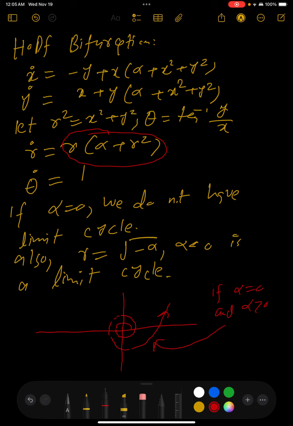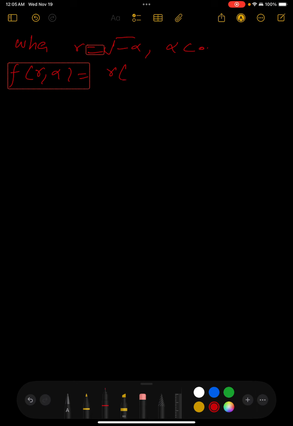Okay, but now the real case is, what if r is equal to the square root of minus alpha? Alpha is less than 0, then what happens? So clearly f of r, alpha is actually r alpha plus r square. So f prime of r is nothing but alpha plus 3r square.